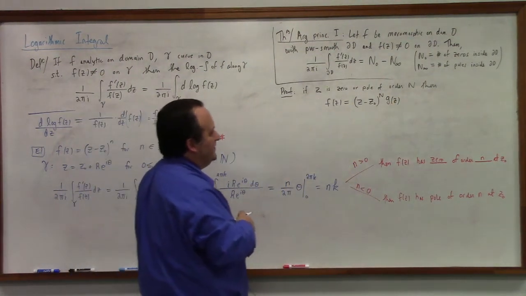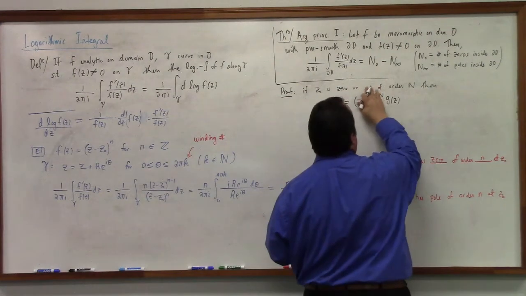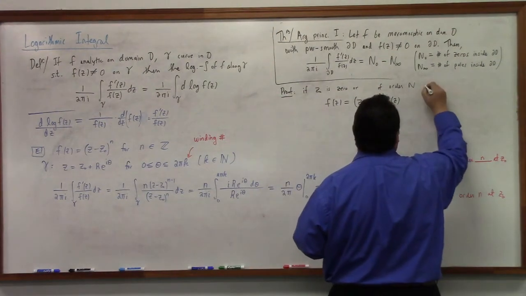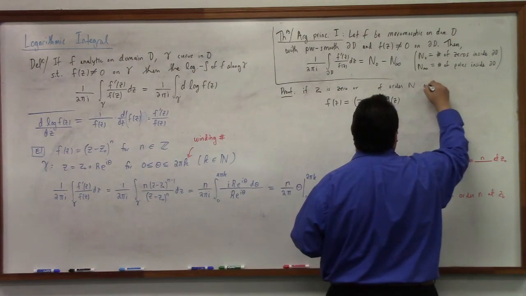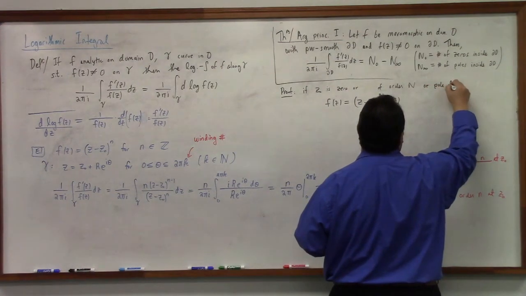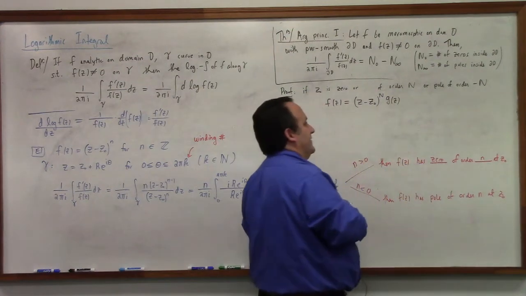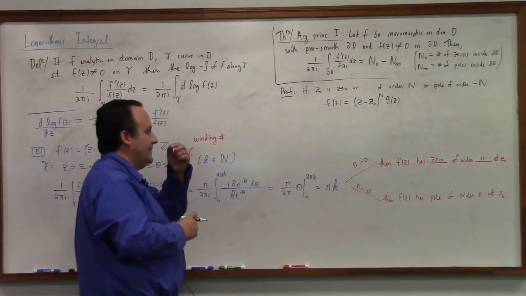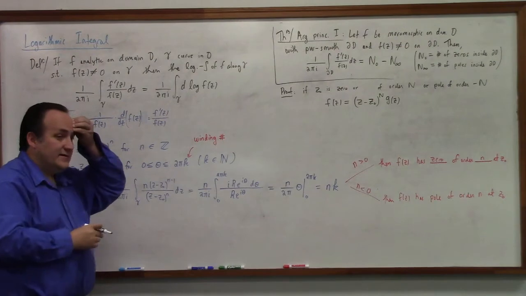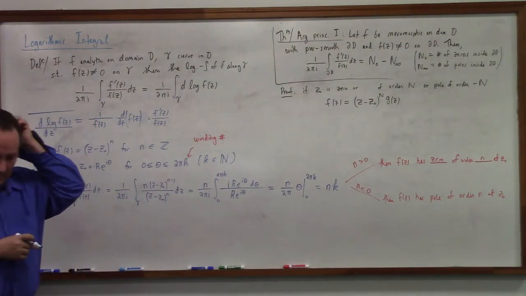I guess I should say a zero of order n or a pole of order minus n. I want the formula to be good for either case.